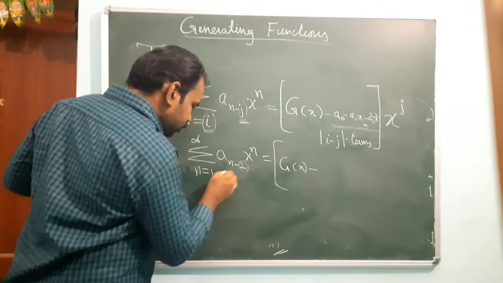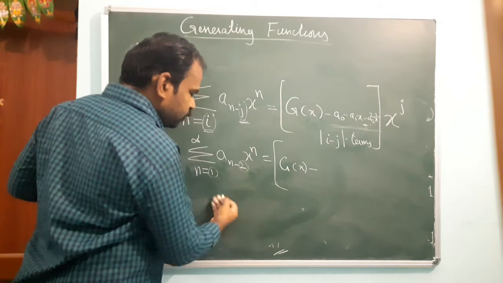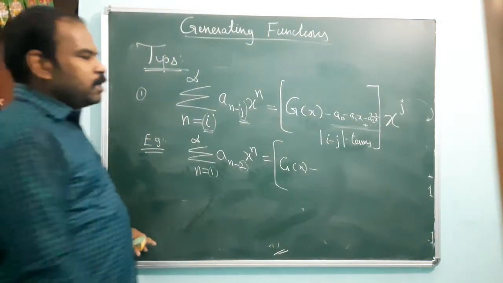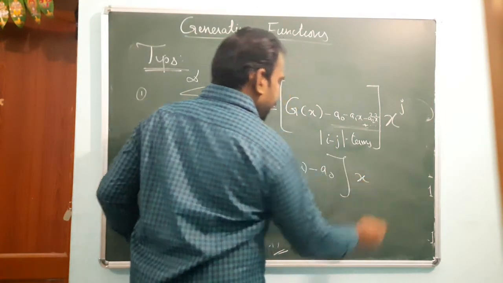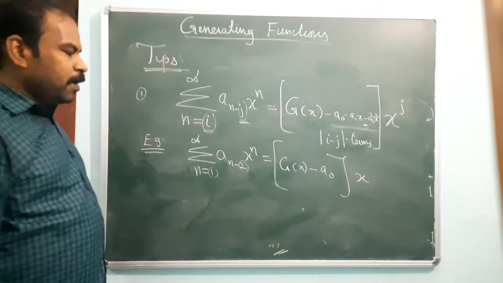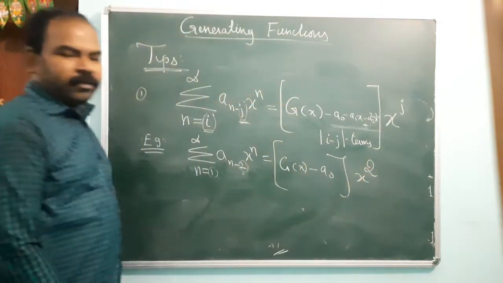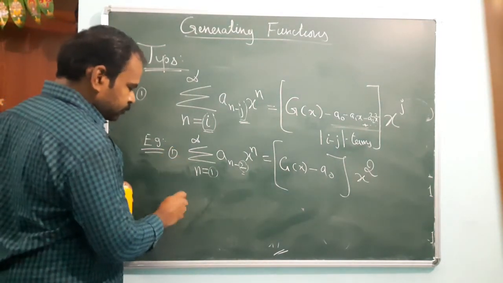Here 2, here 1, so 2 minus 1 is 1, so we need to subtract one term. The one term is a naught, and then multiply by x power this 2, x square. One more example we will see.